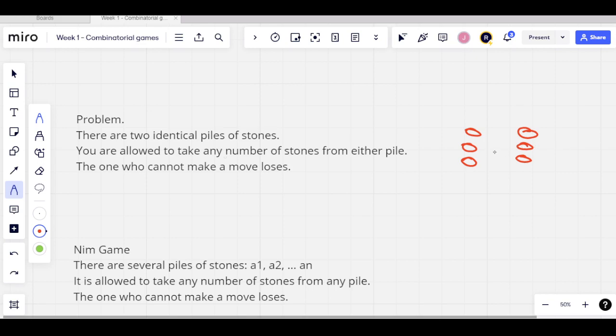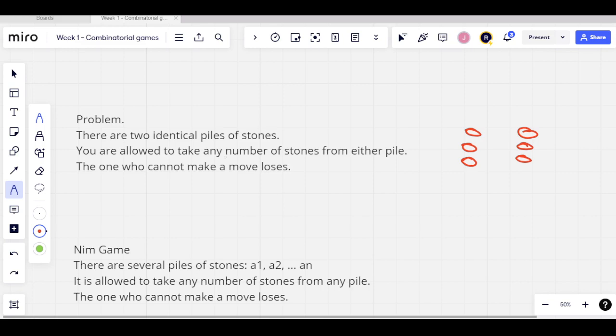Okay, if the first player just takes all of the stones from a pile. Is it possible to take all of the stones?